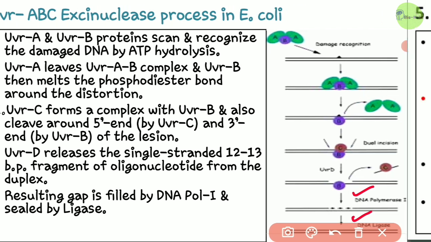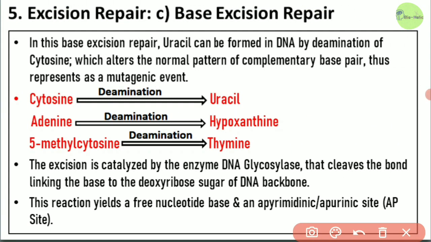Clear? Now, after nucleotide excision repair, in case of base excision repair, uracil can be formed in DNA by deamination of cytosine, which alters the normal pattern of complementary base pairing, isn't it? Thus, it represents a mutagenic event, and like uracil, hypoxanthine can be formed from adenine by the process of deamination, and thymine also can form from 5-methylcytosine by deamination.